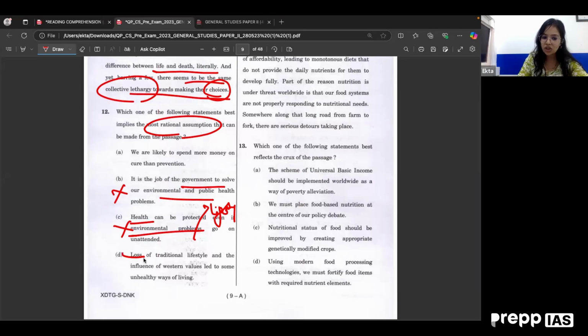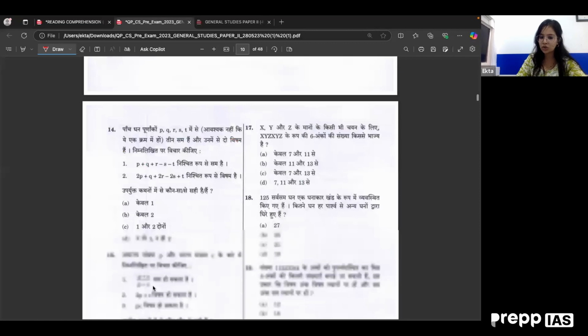Then loss of traditional lifestyle. They're not talking anywhere about loss of traditional lifestyle. They're talking about lifestyle changes. Okay. And most importantly, Western values की बात उसमें हो ही नहीं रही है. अगर ऐसा कुछ assumption होता, then he would have made reference to it in one of the statements at least. So the answer is A. It was a very easy question because of the options.